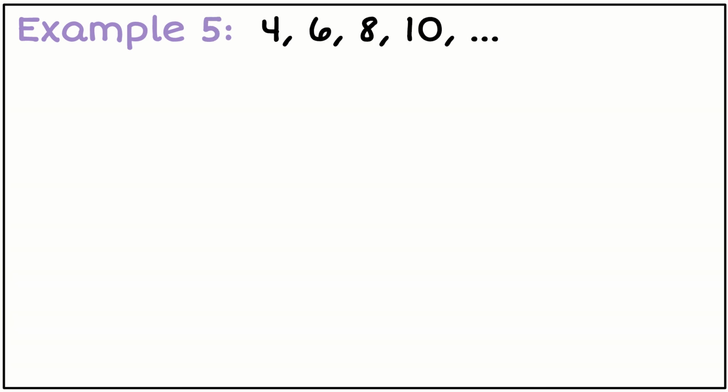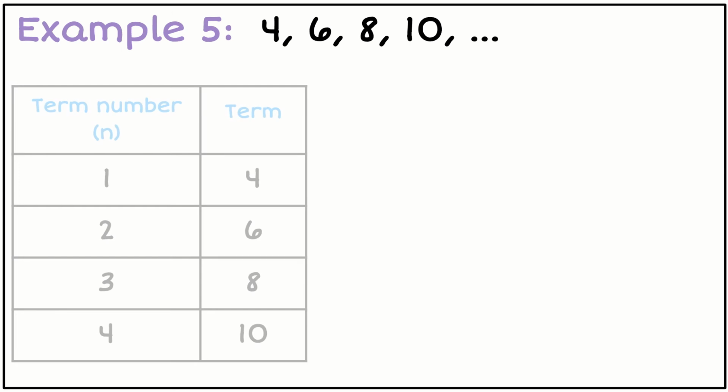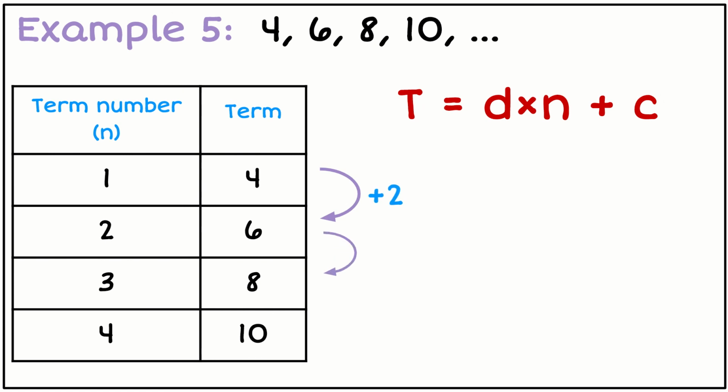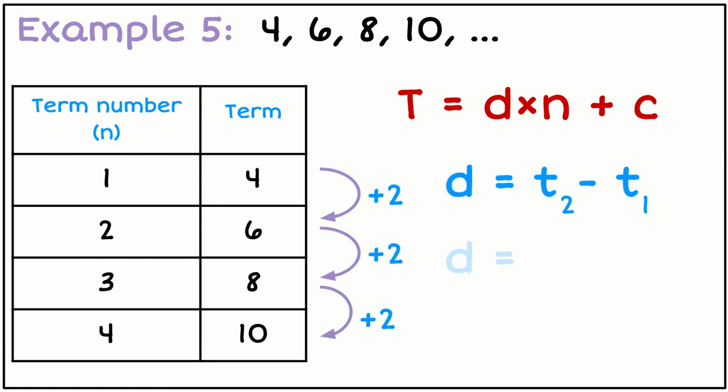One final example, 4, 6, 8, 10. Turn that into a table. General equation. Now let's find that difference, and we're adding on 2 each time. If I did the second term minus the first term, 6 minus 4, that gives me a value of 2.